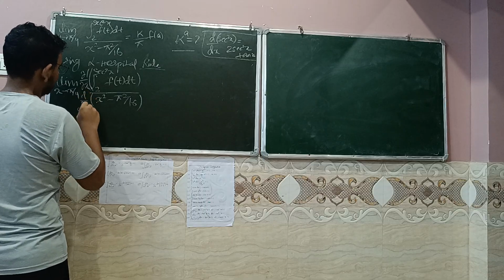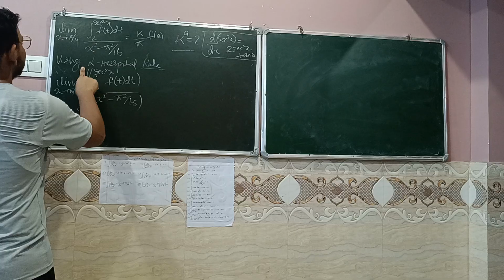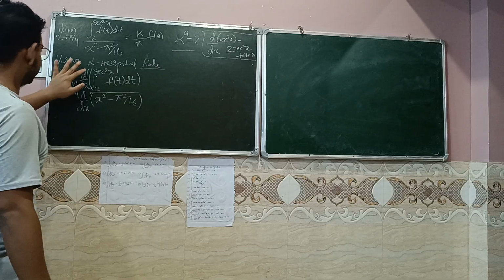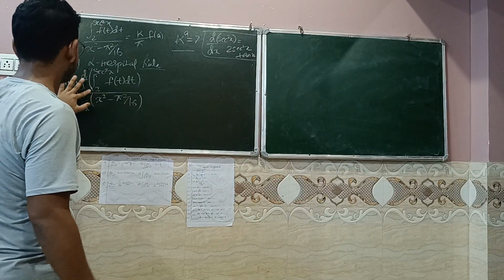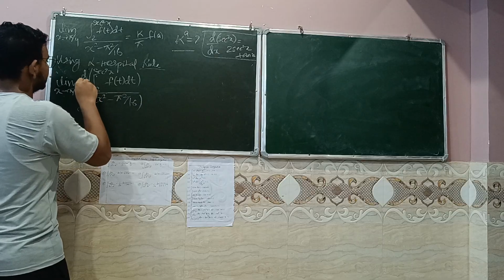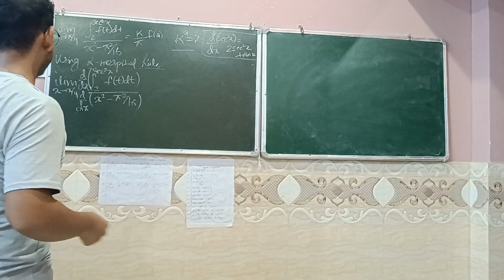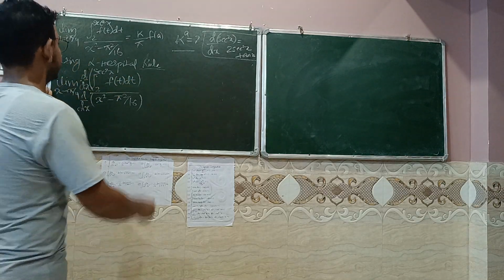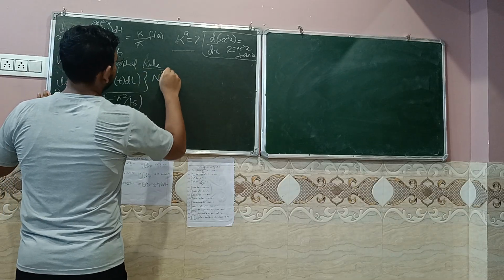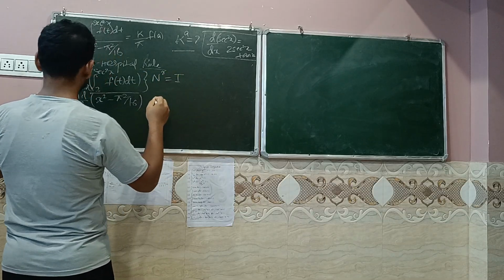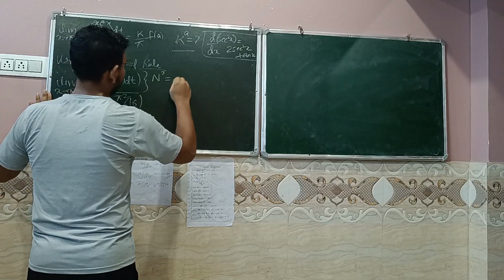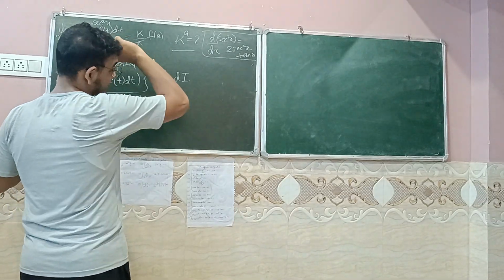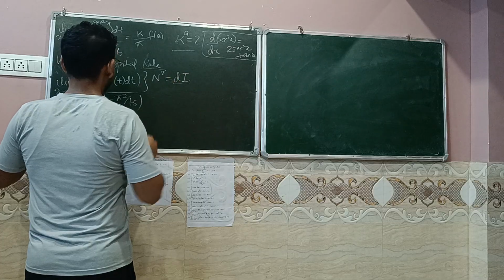It's not necessary to have partial differentiation right here; we will have it in our Leibniz rule. This is quite disgusting, so I'm going to take the numerator as I, actually the numerator as dI, and then only I would compute. I will tell you why I took this as dI.